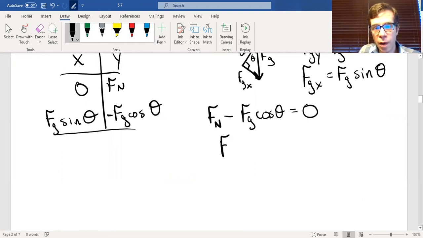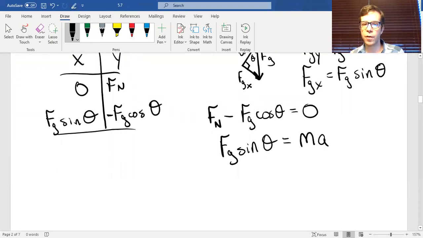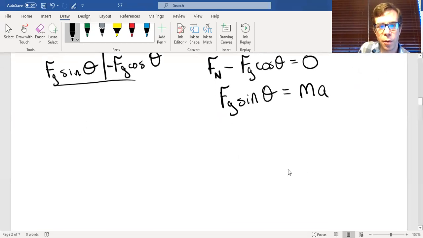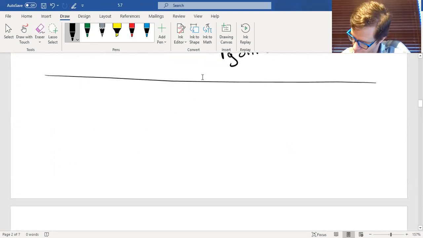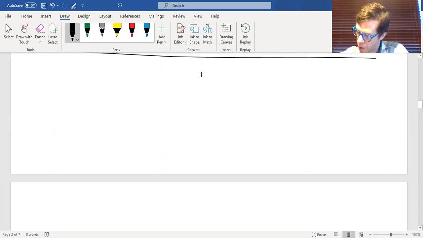And the only force I have in the X direction is the X component of gravity, and that's equal to ma. So there's our equations of motion for this case of the car on a hill with no friction. These are trivial right now, but when we introduce friction, then the Y direction is going to matter as well.